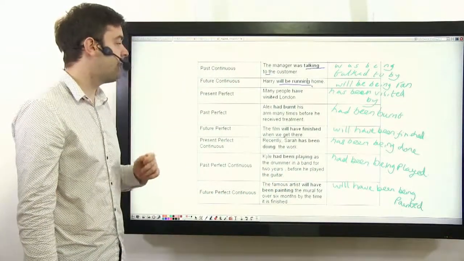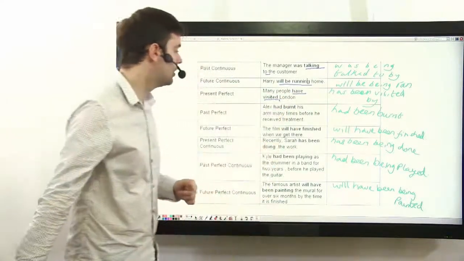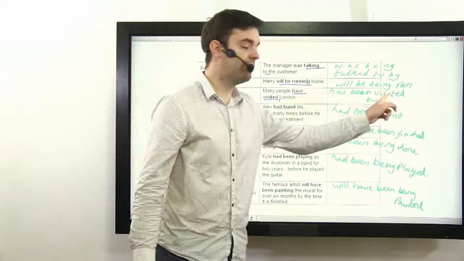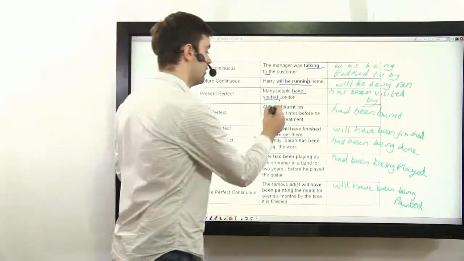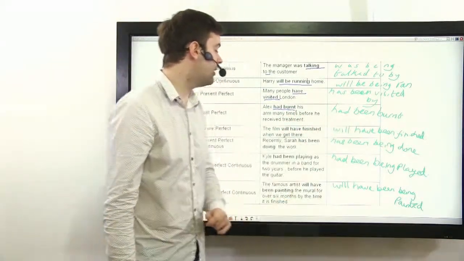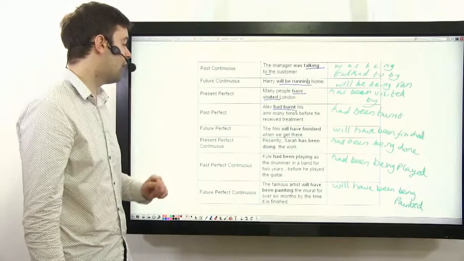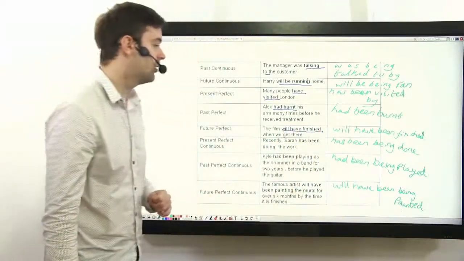We've got the present perfect. Many people have visited. Changes to has been visited by. Past perfect. Had burnt. Changes to had been burnt. Future perfect. Will have finished.